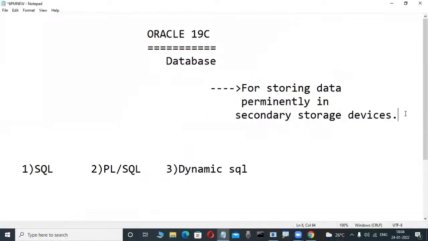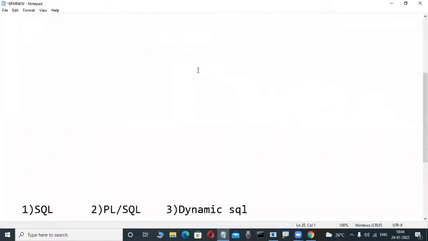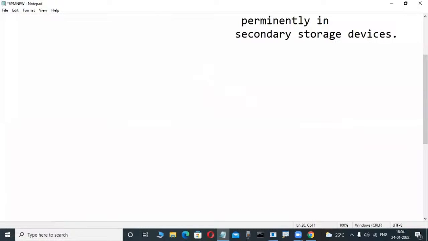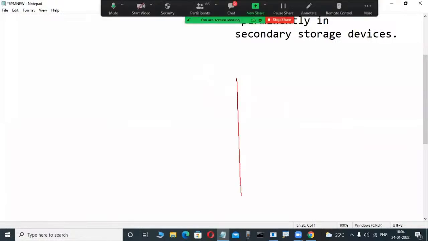But unfortunately, as I told in previous classes, observe slowly here, a database is a place. Whenever we install Oracle, SQL Server, DB2, these types of databases in our system, one is automatically created. That is called a database.